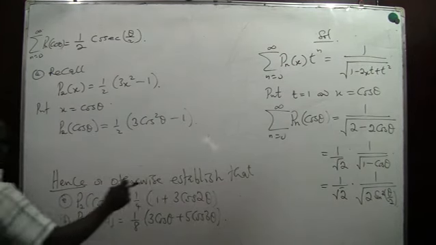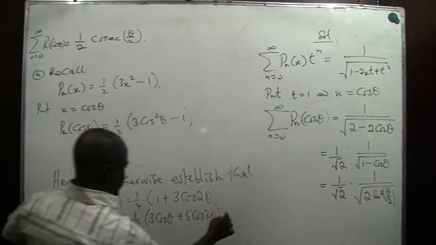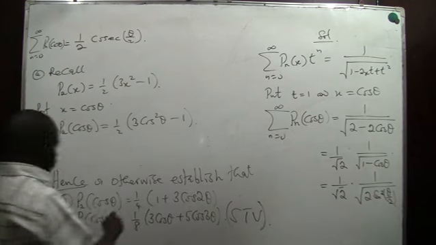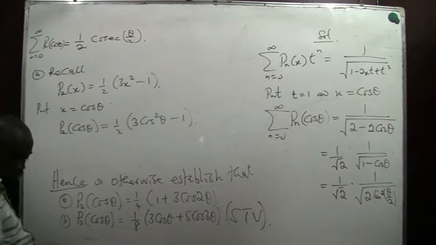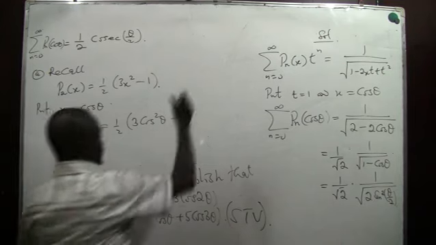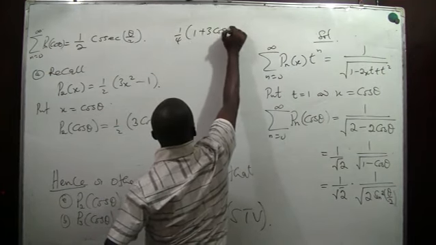Now, if you look at the final answer, my viewers should please verify this. Let me just solve that first one in order to save our time. Where we are going to is 1/4, 1 plus 3 cos 2 theta.